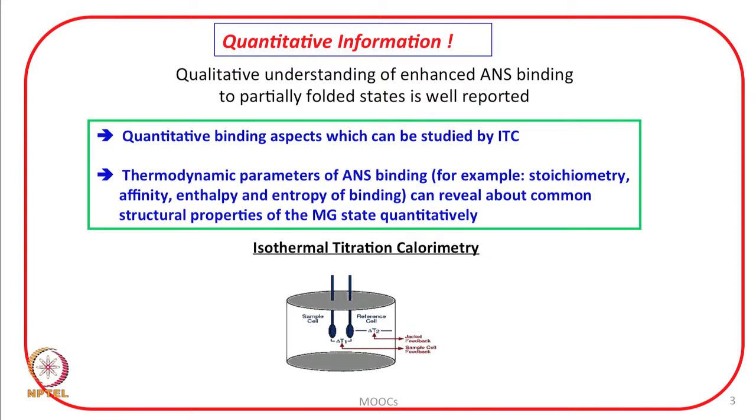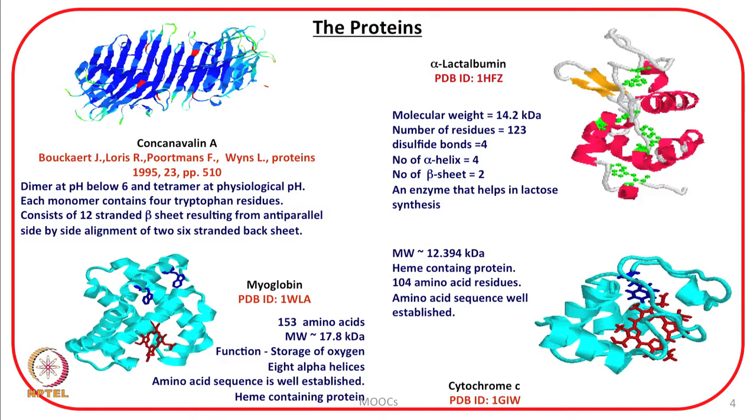Let us take a look at the slide. Literature suggests that proteins like concanavalin A, myoglobin, cytochrome C and alpha lactalbumin can easily be pushed into a molten globule state under certain solvent conditions.